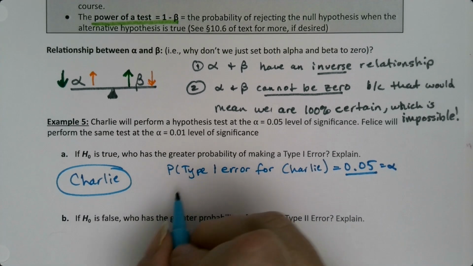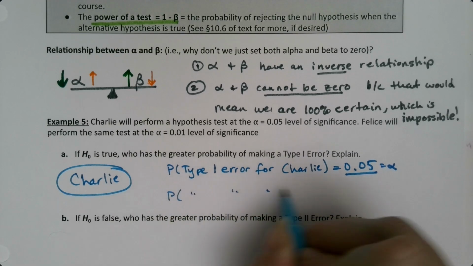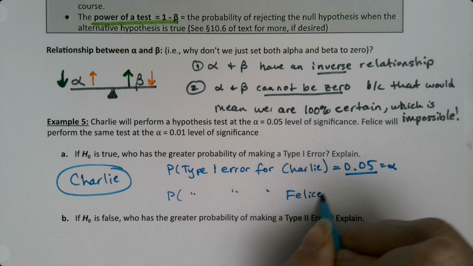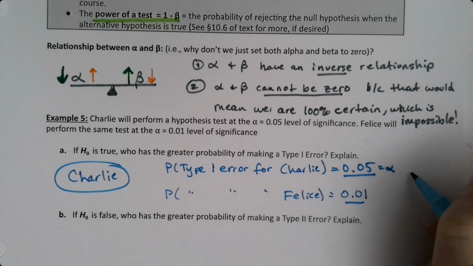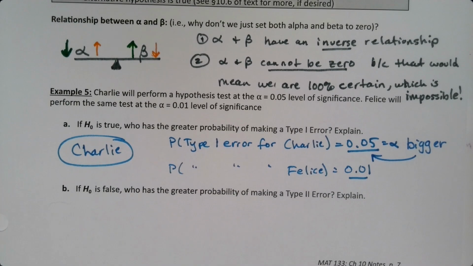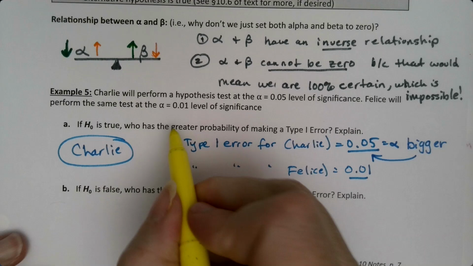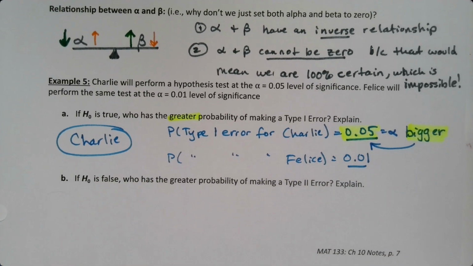And the probability of a type 1 error for Felice is 0.01 and 0.05 is bigger, which is what they were asking, right? Who has the bigger chance of making a type 1 error? It's Charlie, right? That's the bigger number.